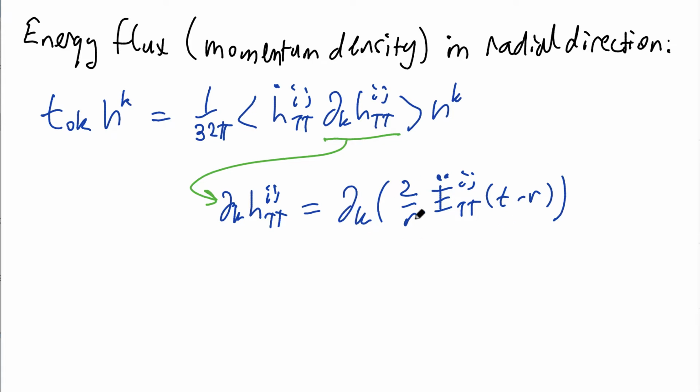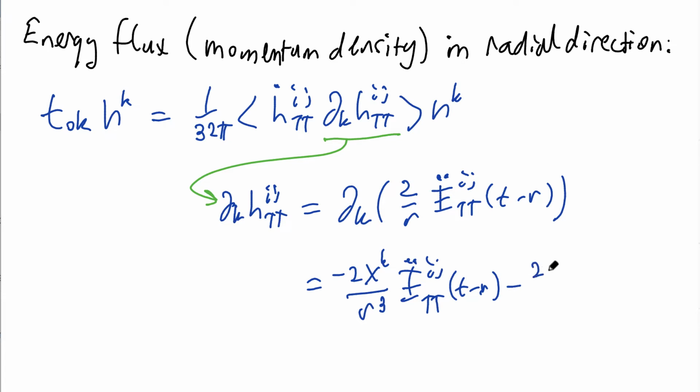So first, taking the derivative with respect to the 1 over r here, we have minus 2 x^k over r cubed times I bar double dot_ij^TT, and that's a function of t minus r. And differentiating with respect to the x^k here, we have minus 2 x^k over r squared times I bar triple dot_ij^TT as a function of t minus r.